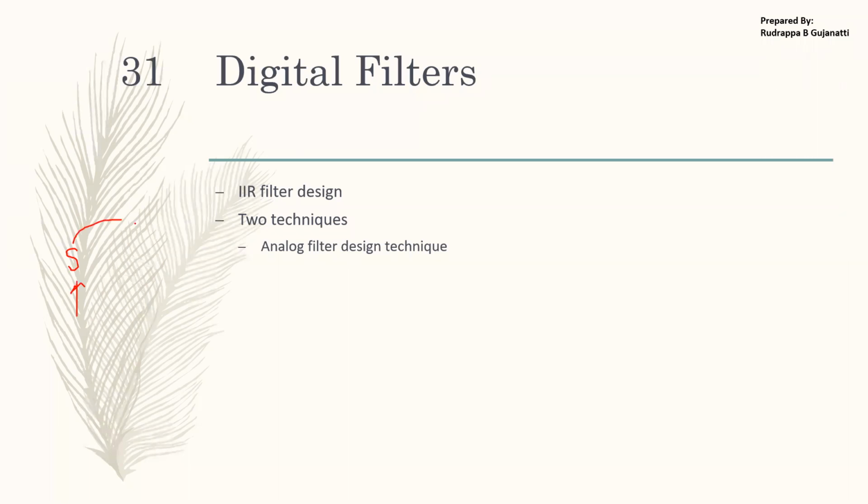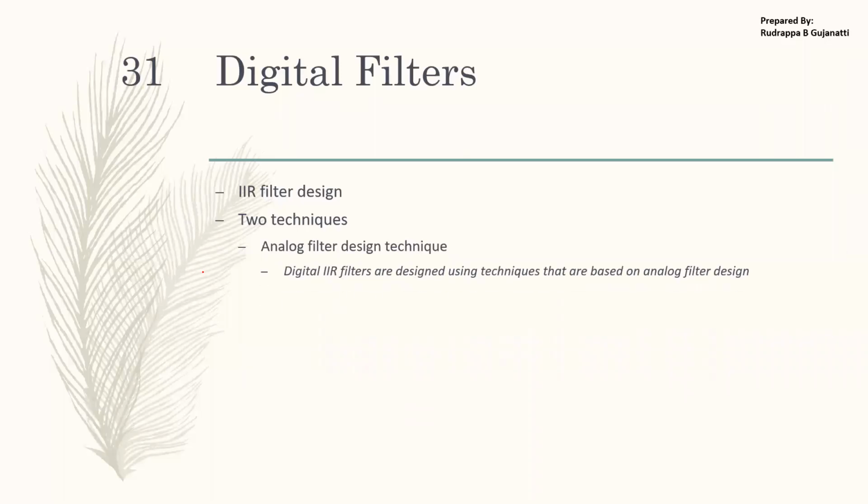Z is related to digital. This you might have gone through in DSP, S to Z domain. So first you design the filter in the S domain and then transform it to the Z domain. That will give you the digital equivalent filter. That is analog filter design.